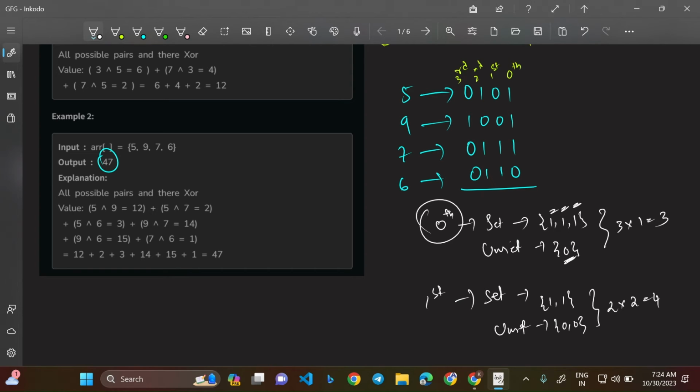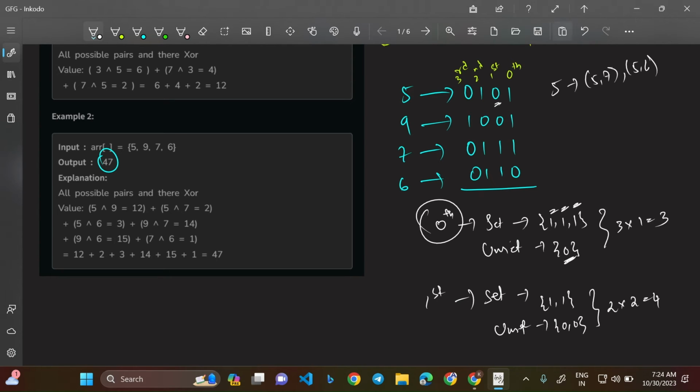So for 5, what could give me a result? 5 XOR 9 will not give me a result because both of them are 0. 5 XOR 7 would give me a result because 0 and 1, and 5 XOR 6 will also give me a result because 0 and 1. So 2 pairs done.